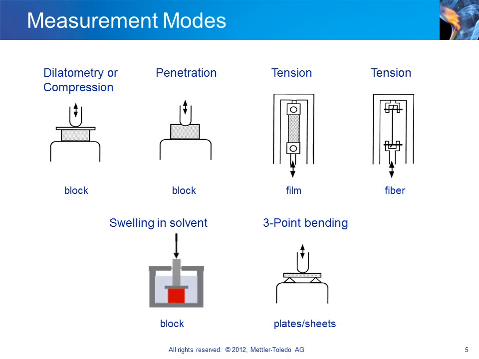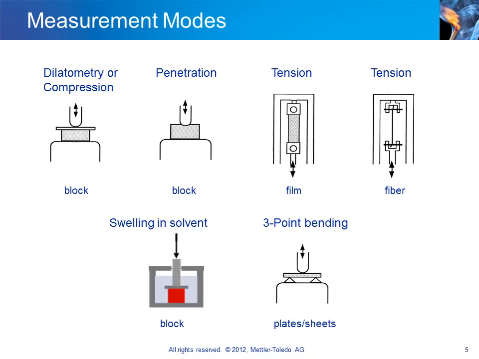Plastic films and metal foils are installed in the film attachment device using 2 clips. Fibers, threads, and wires are fixed in place in the fiber attachment device by means of copper clips. Usually, a low force is applied that is just sufficient to ensure that the film or fiber remains slightly taut between the clips and does not buckle.